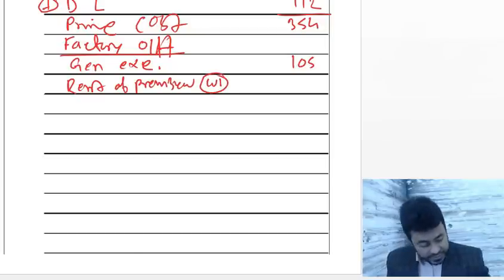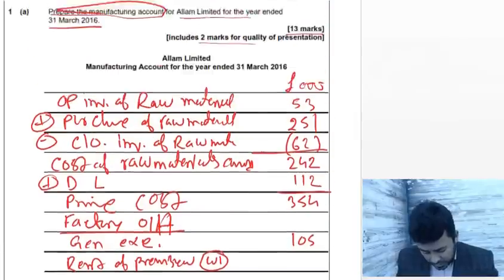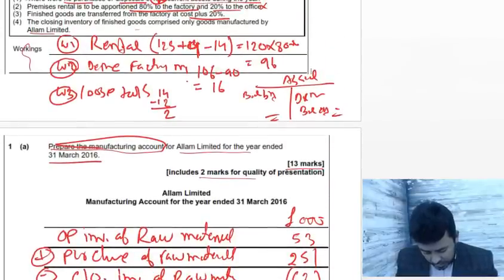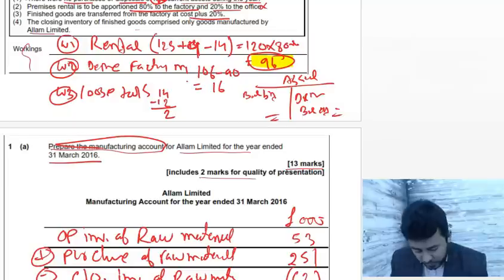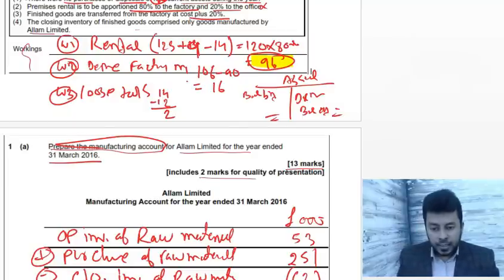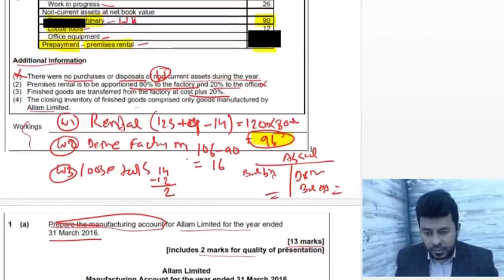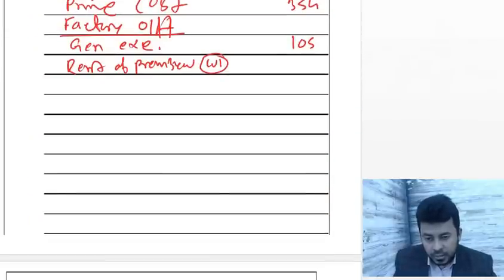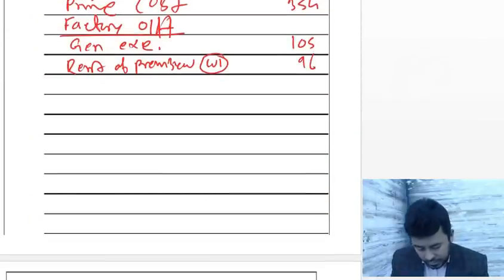If you have seen that we have worked out rent of premises, W1, let's quickly check it, 80% if you remember, and this is 96 over here, just highlighting for you. All right, let's take it into account, 96.